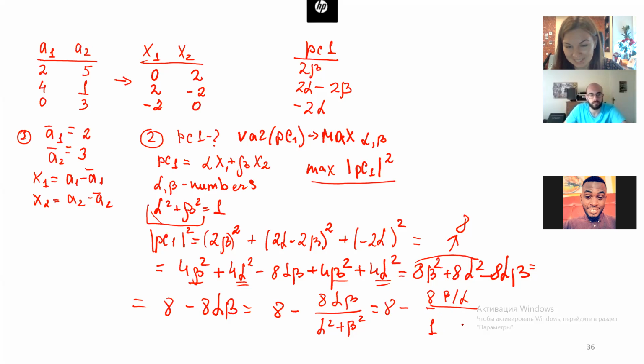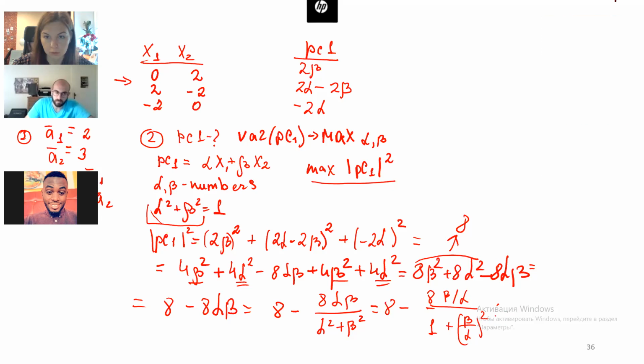We divide the numerical and the other parts by alpha squared and obtain something like this. And let's suppose that I will go to this part of the screen.